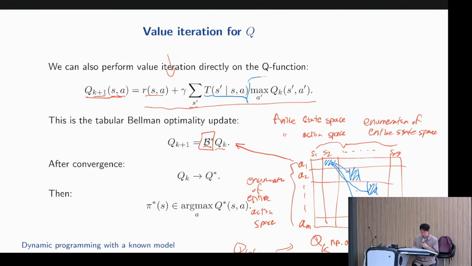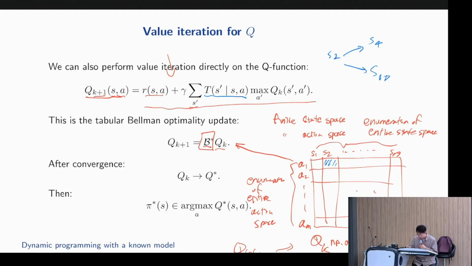We're supposed to look up the Q values for the next state and some optimal action. So let's say from S2, you can transition to S4 and S10.